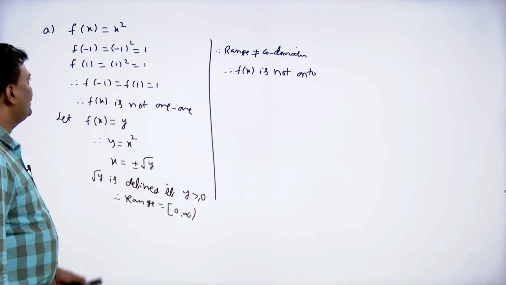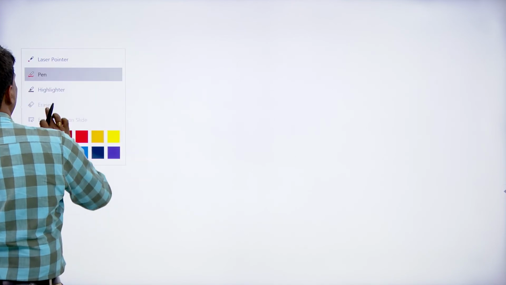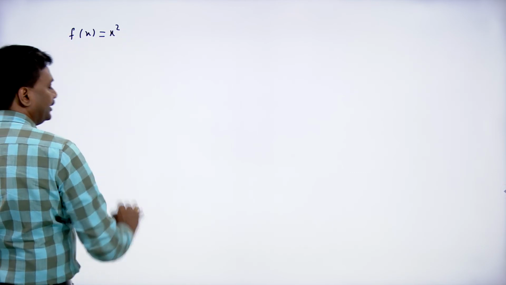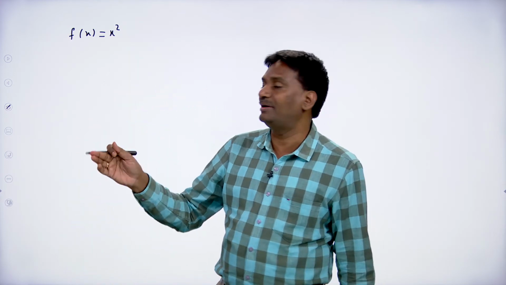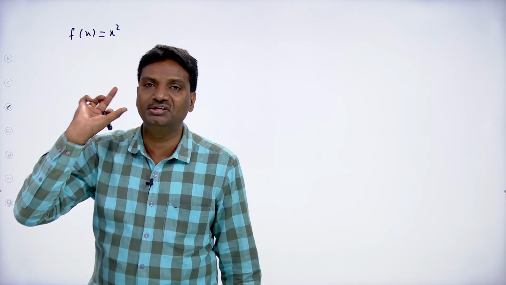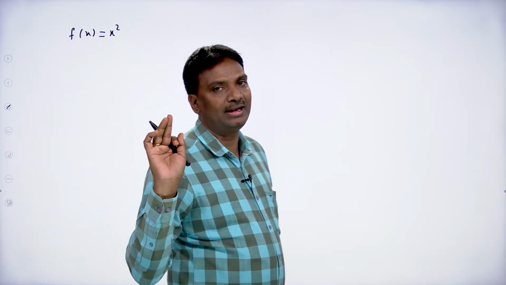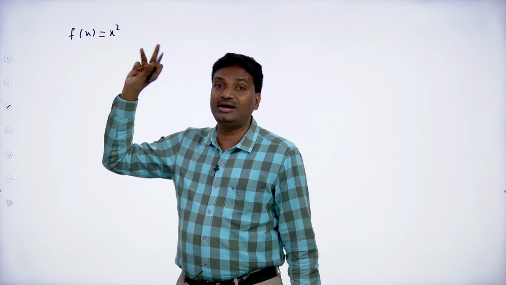So now by taking f of x equal to x square, in place of x by taking different elements you will get different images. In place of x you must consider only positive real numbers, not 0. For different positive real numbers in place of x you will get different images.